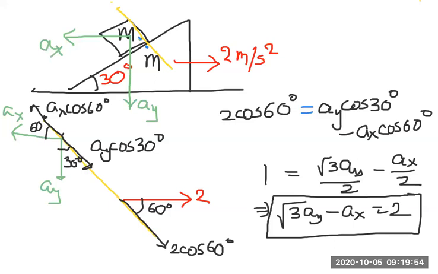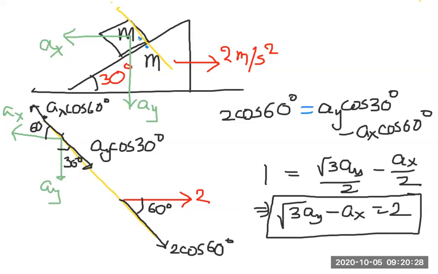So we have found a relationship between x and y, but unfortunately our calculation is only giving us one equation, and there is no way that using this one equation I can find the values of ax and ay.